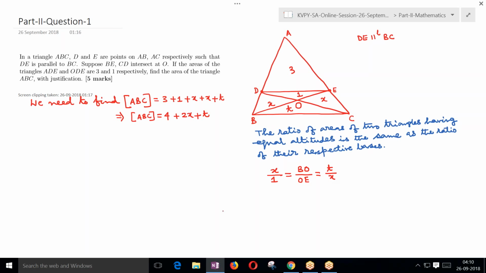So from there, what do we get? We get T is equal to x square.